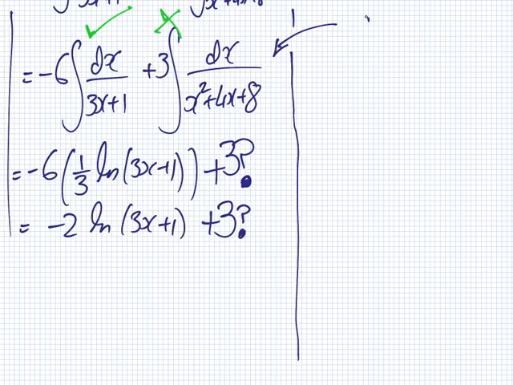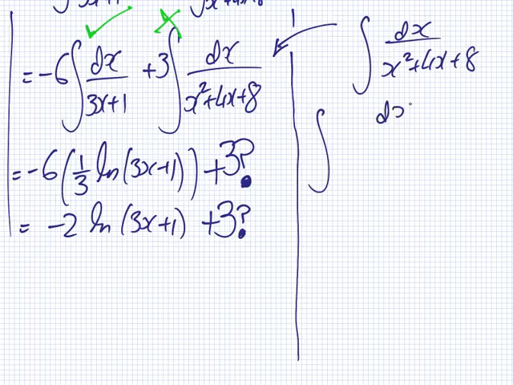So let me do it on the side here: dx over x squared plus 4x plus 8. Any ideas? Complete the square. Thank you, Leon. x plus 2 squared plus 4. Now what's next?